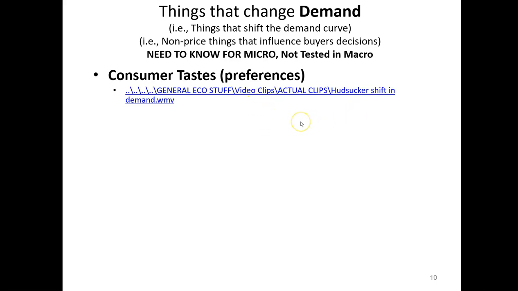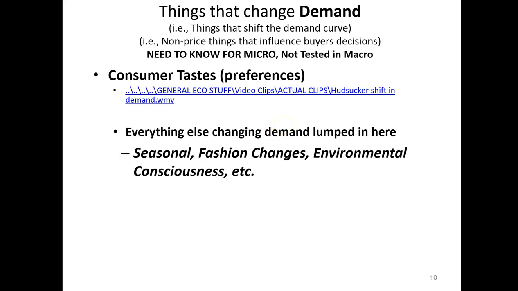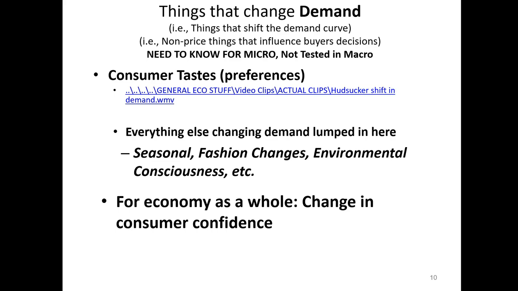I'm not going to go over this goofy video from a goofy movie, but climate change could be factored into that. So people care more about that, and that factors into their choices. So for all kinds of reasons, consumers' preferences might change: fashion changes, all kinds of other stuff, seasonal, environmental consciousness, etc.